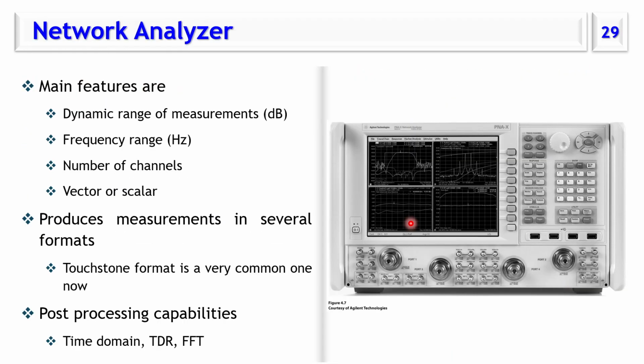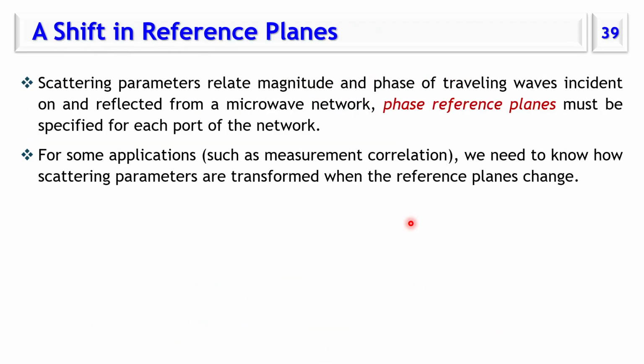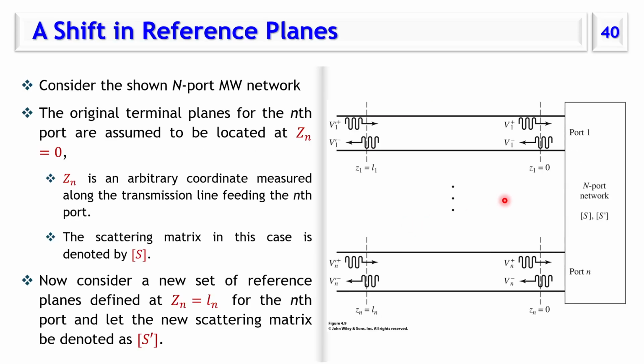In some cases, for example if we have n ports and each port has a definition for the reference plane, for some measurement reason or adding cables or whatever, we need to move the reference plane to another point, which is L1 away from the original reference plane.